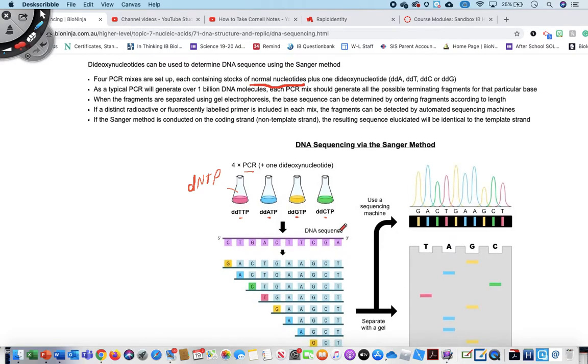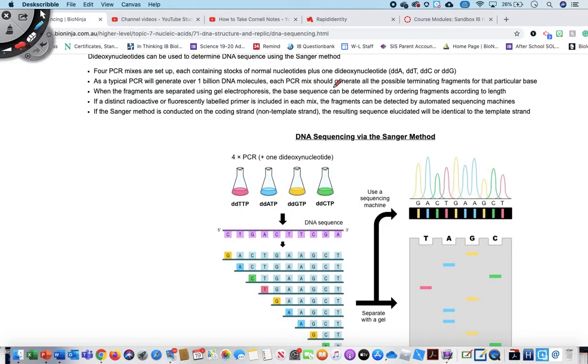Okay. So now I've prepared 4 PCR mixes with what I just told you. I'm going to put these mixes in a PCR machine, and a typical PCR machine will generate over 1 billion DNA molecules. That means that each PCR mix should generate all the possible terminating fragments for that particular base.